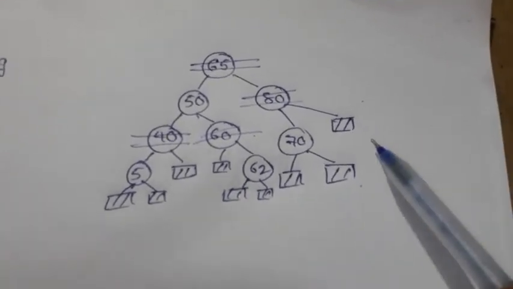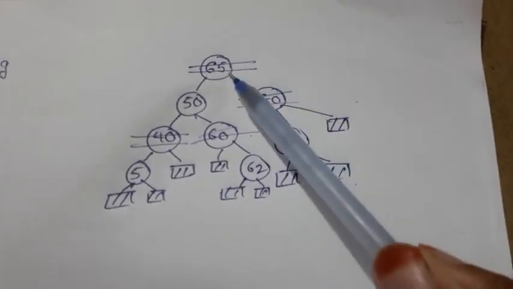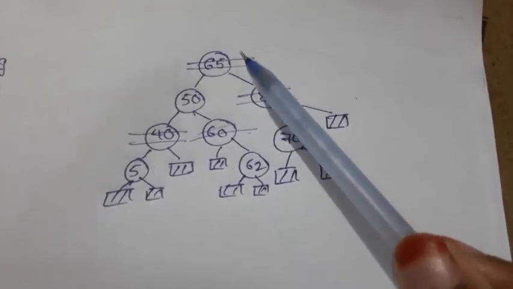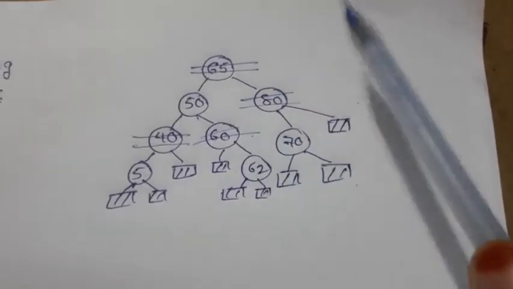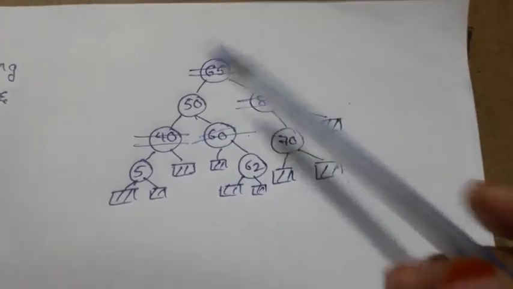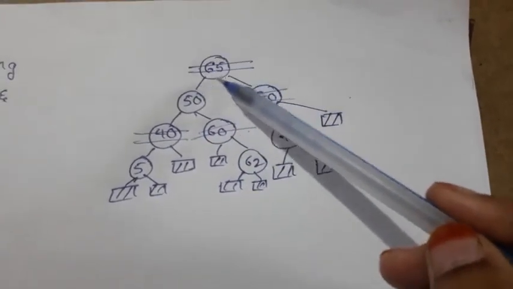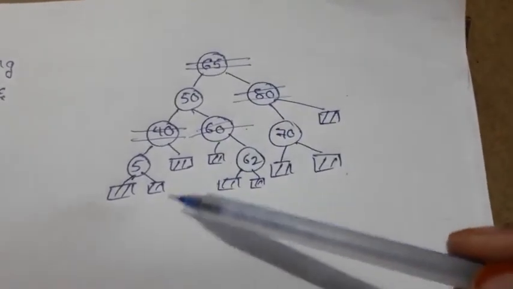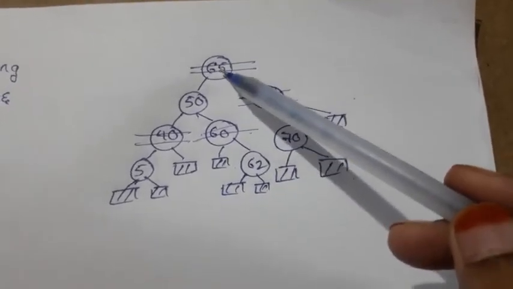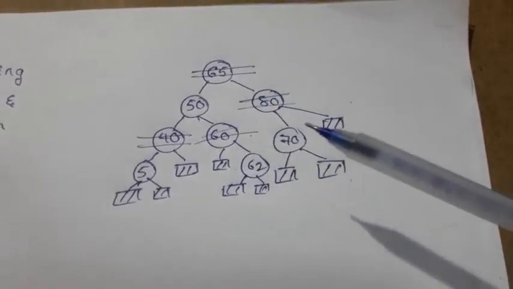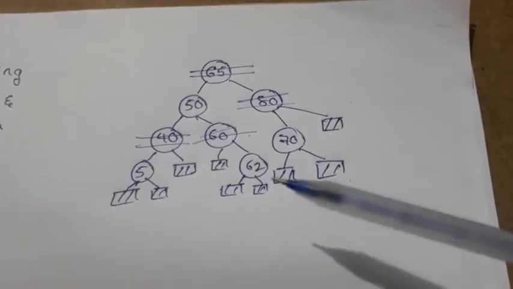I have already mentioned earlier that I am representing the black nodes with double lines and the red nodes with a simple circle. So my root node and the external nodes should be in black color. It is satisfying that property, so RB1 is satisfied.